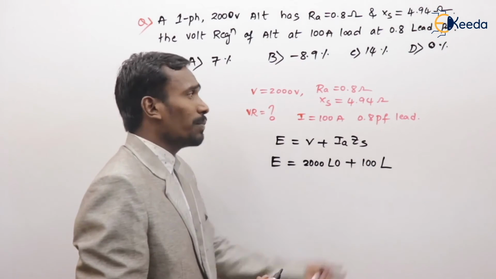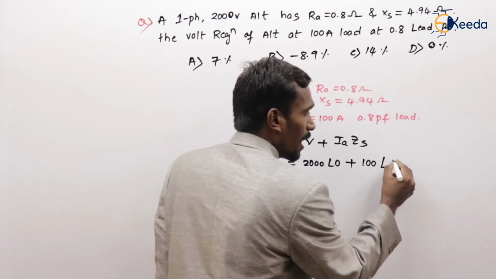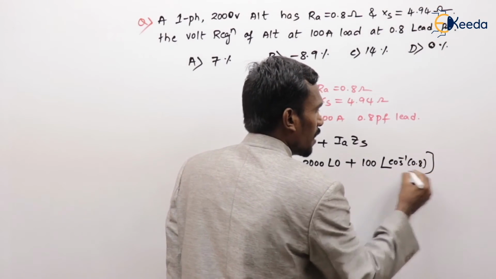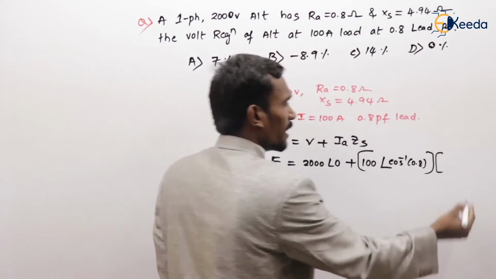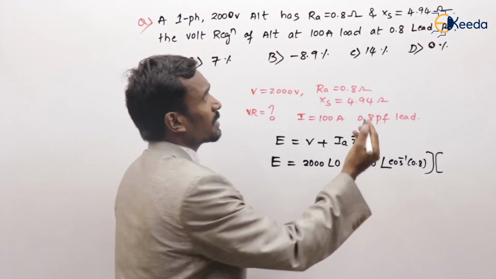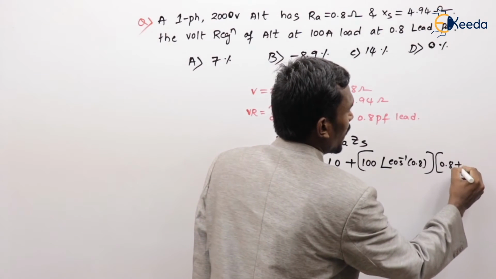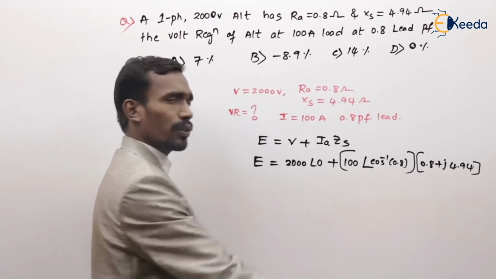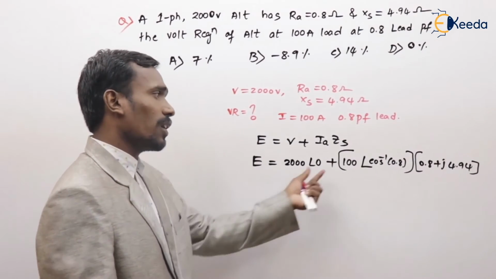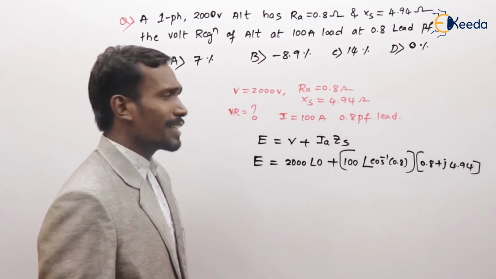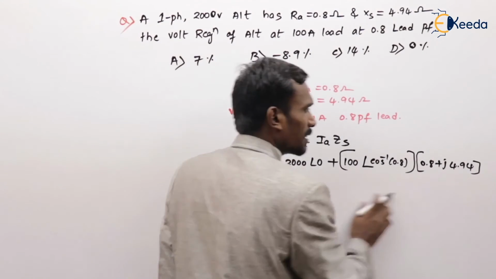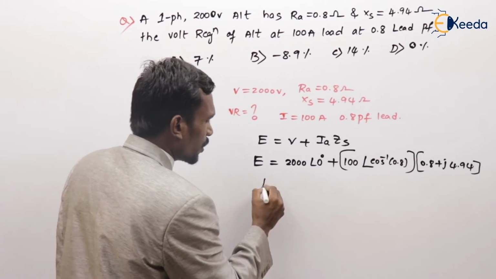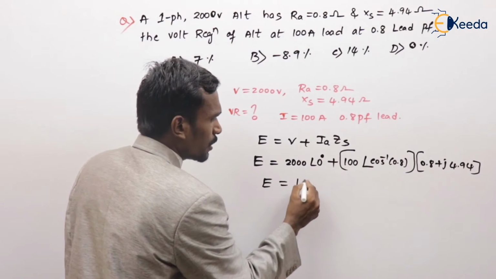We don't know the angle, but we know the power factor, so it is 100 at an angle cos inverse of 0.8, into Zs. What is the Zs value? 0.8 plus j 4.94. This is our EMF. Take a calculator and calculate this with 0 degrees, then you can get the answer.